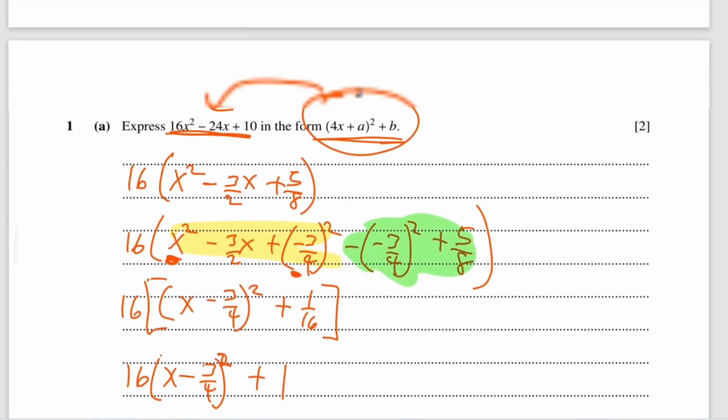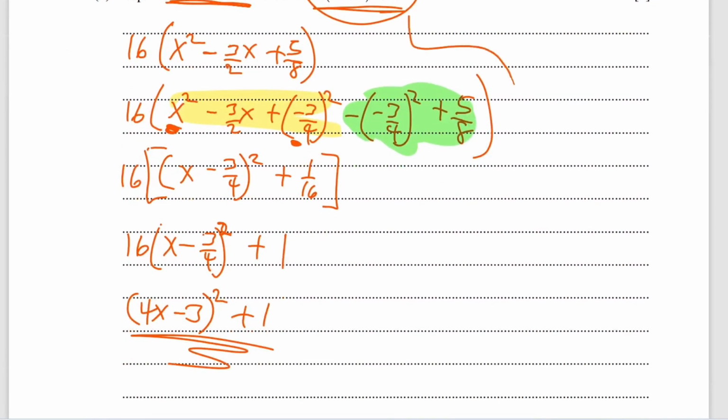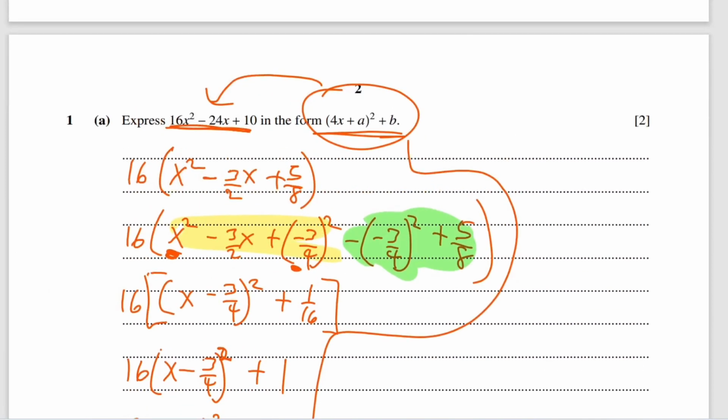Now, if you choose to go the other approach I was talking about, that is, you expanding this, that should give you 16x squared plus 8xa plus a squared plus b. All right, so 8a is actually equal to negative 24. That's if you compare the coefficients.